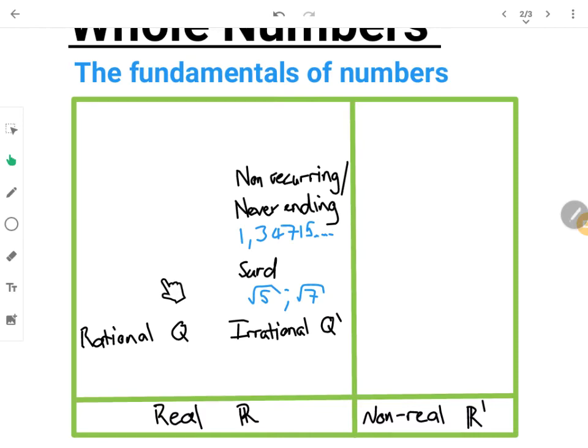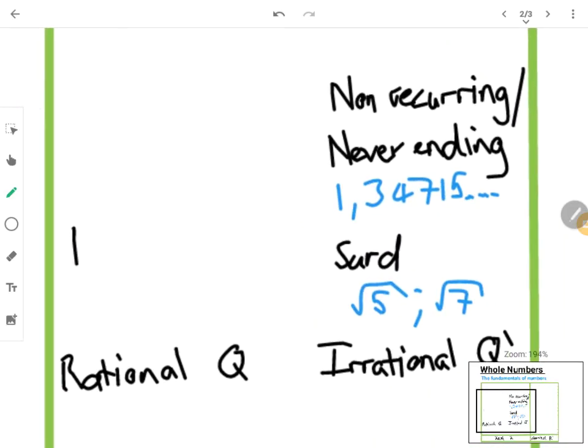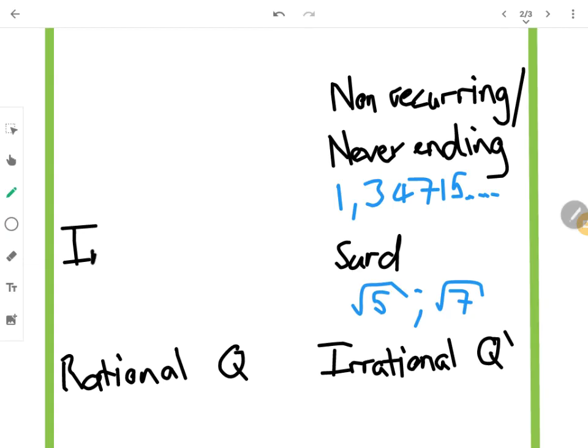On floor 2, inside irrational numbers, we get integers. Let's write that, integers. The symbol for integers is a Z that has 2 stripes on the diagonal.